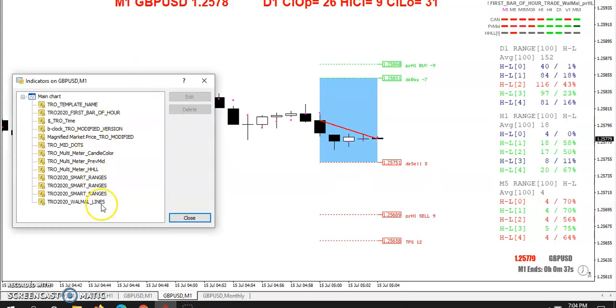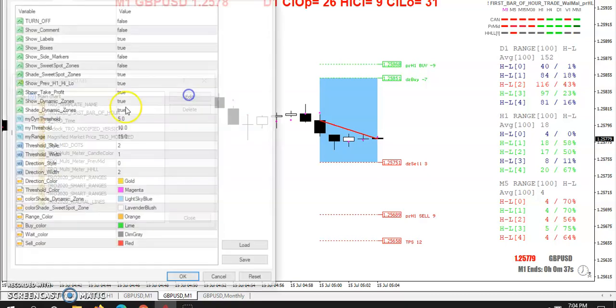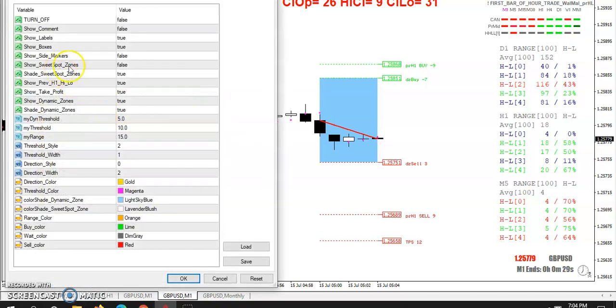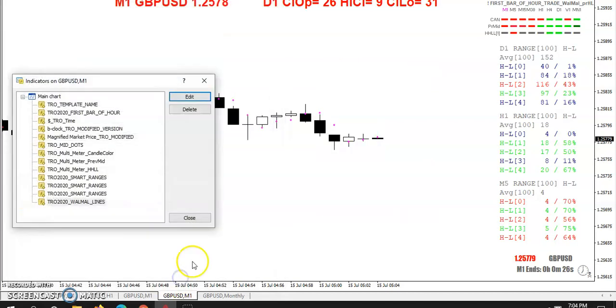And let's see, we can add the sweet spot lines back in. But let's not shade it. Let's just show the lines.